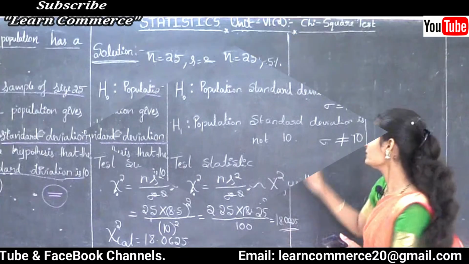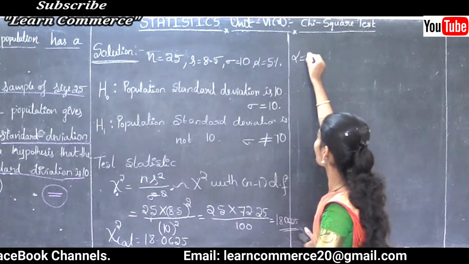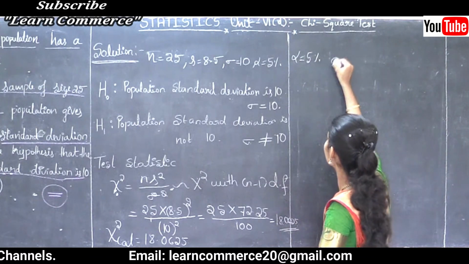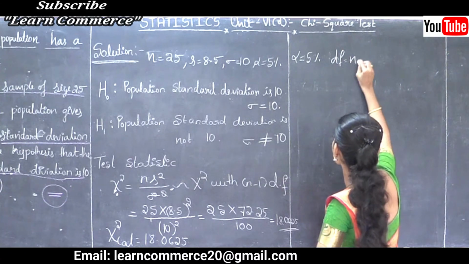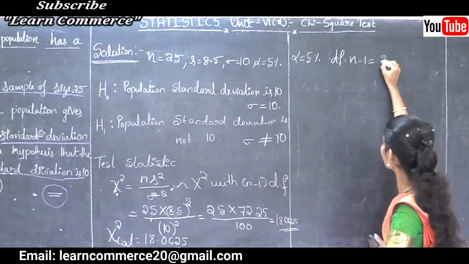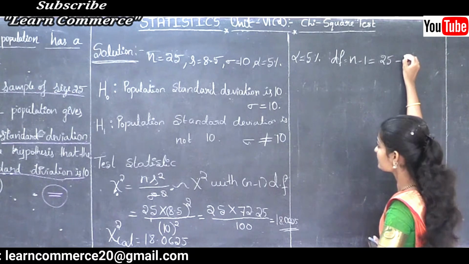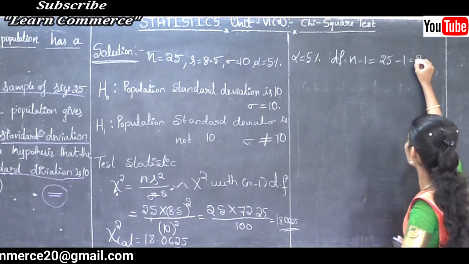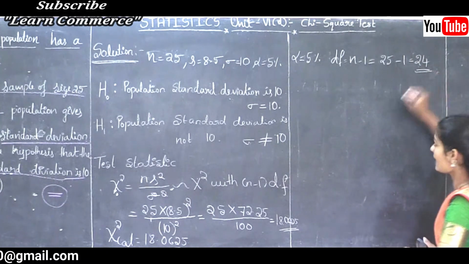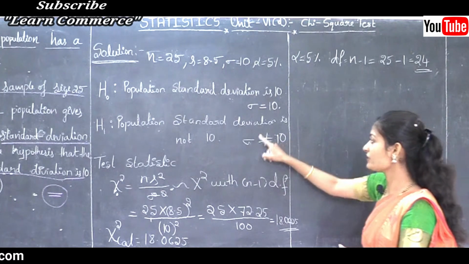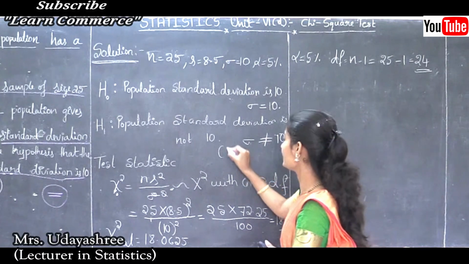Then step 4. Here alpha is 5% and degrees of freedom is n minus 1. Here n is 25, so 25 minus 1 is 24. And here, since this is a not-equal-to type, this is a two-tailed test.